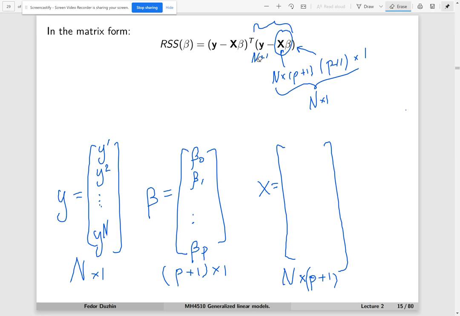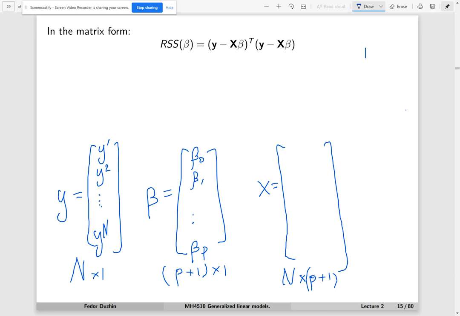Okay, so let me erase this. So I think it's going to be easier to see. So now we see that y minus x beta is actually an n by 1 matrix. But the first term here is the same thing transposed, which means it is 1 by n.